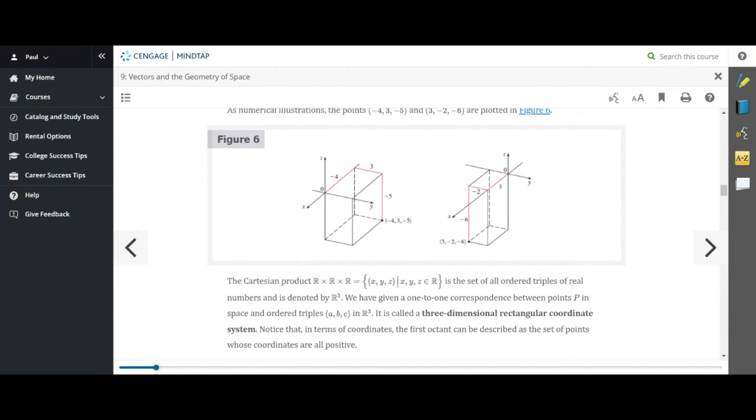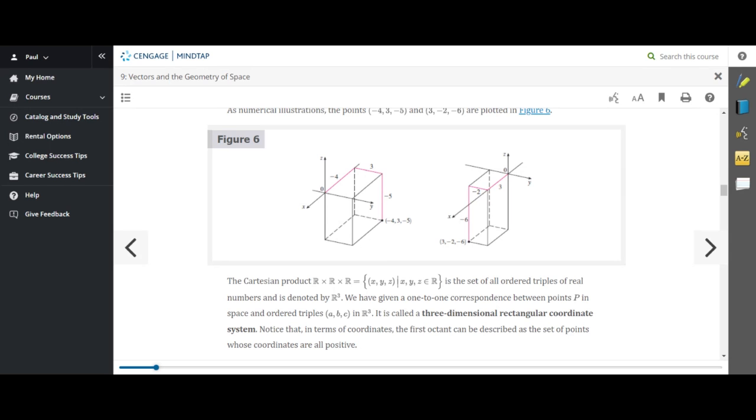And you see how you start from the origin, and since the x coordinate -4 is negative, you don't go in the positive x direction, you go in the negative x direction 4 units. And then the y coordinate is +3, so you move to the right 3 units. And then the z coordinate is -5, so you go down 5 units. And that's how you plot the point.